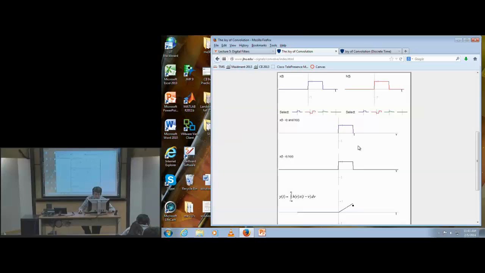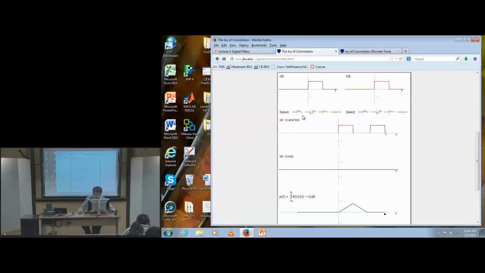And as I continue, I will now get overlap, but decreasing amount of overlap until there is no overlap. And the dot down here tells me where I'm at in terms of little t based on my slide. So again, flip and slide, no overlap, I get 0. Partial overlap, I get increasing answer. Complete overlap, I get the maximum value. And then decreasing, and then 0.